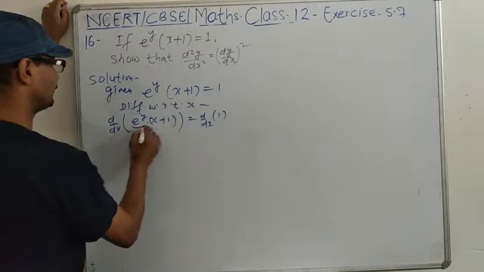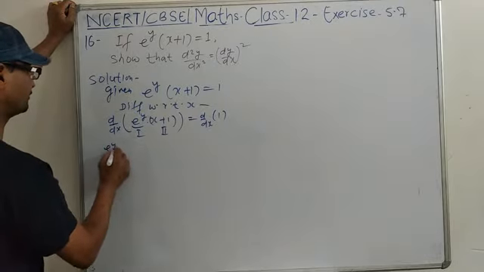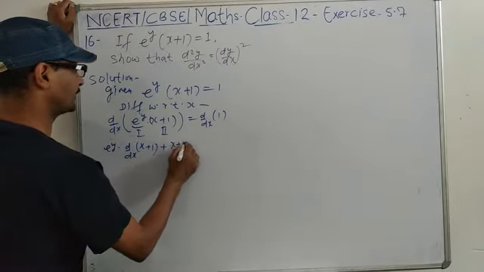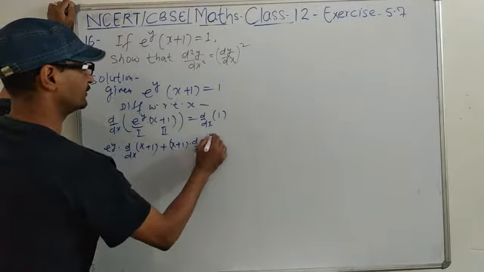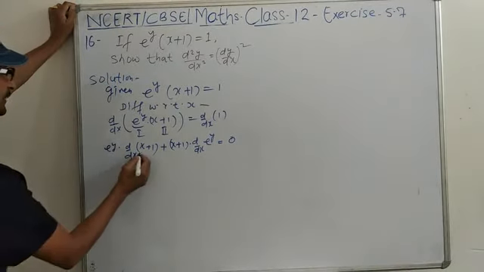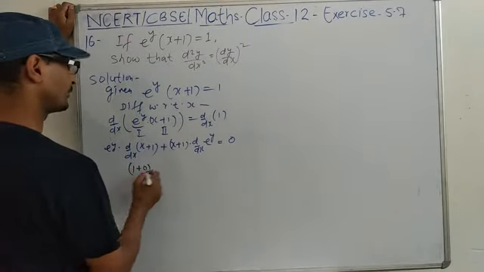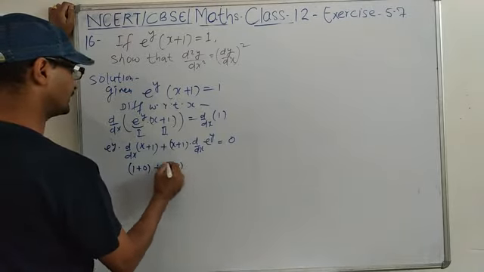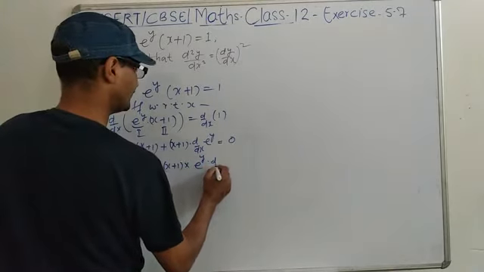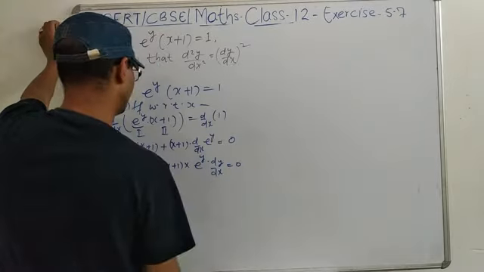So here it is the first function, it is the second. Product rule here we will apply: the first function into derivative of second plus second function into derivative of first, like this, and one constant term is 0. x plus 1 derivative, x का derivative 1 and 1 derivative 0, plus x plus 1 here e to the power y, that means e to the power x derivative is e to the power x, that means y, and again d/dx of y, dy by dx is equal to 0.